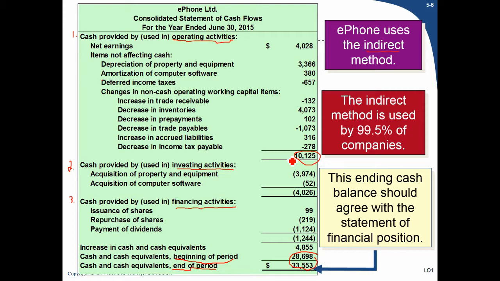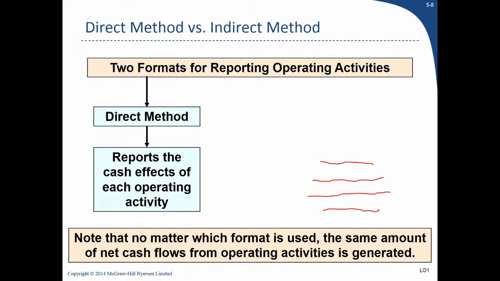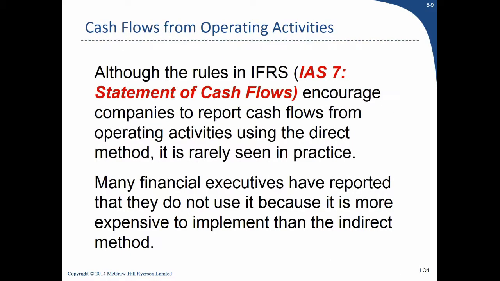Same way your balance sheet always has to balance. You can't really prepare a statement of financial position that doesn't balance. So IFRS, remember International Financial Reporting Standards, encourages companies to use the direct method, but it's rarely seen in practice.